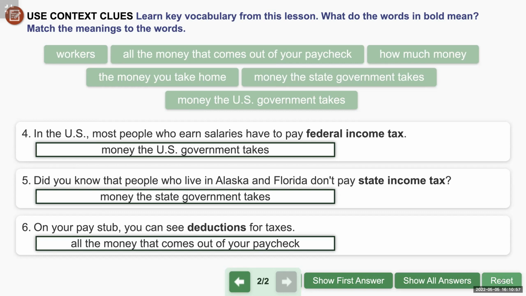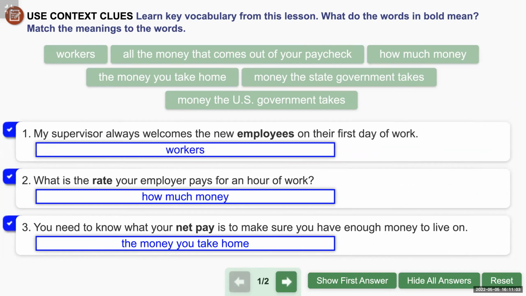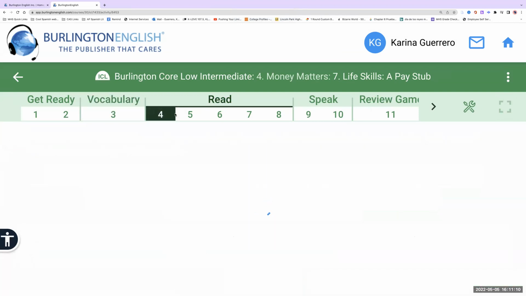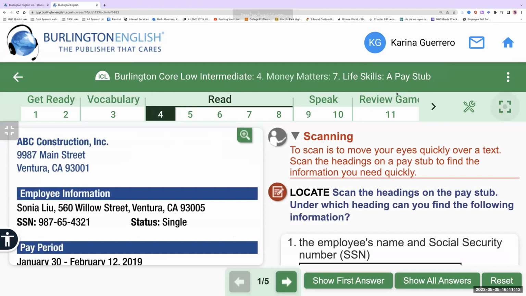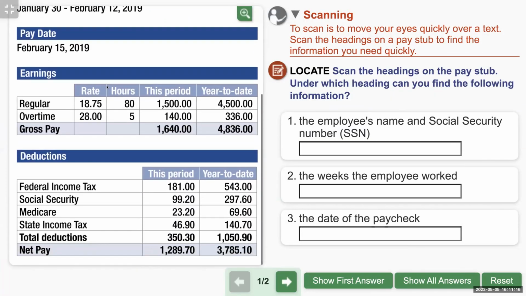And we're going to go ahead and show all the answers to make sure that they're correct. As soon as you're ready, you can put pause or you can go to the next one, number 4. I want us to look at this pay stub.